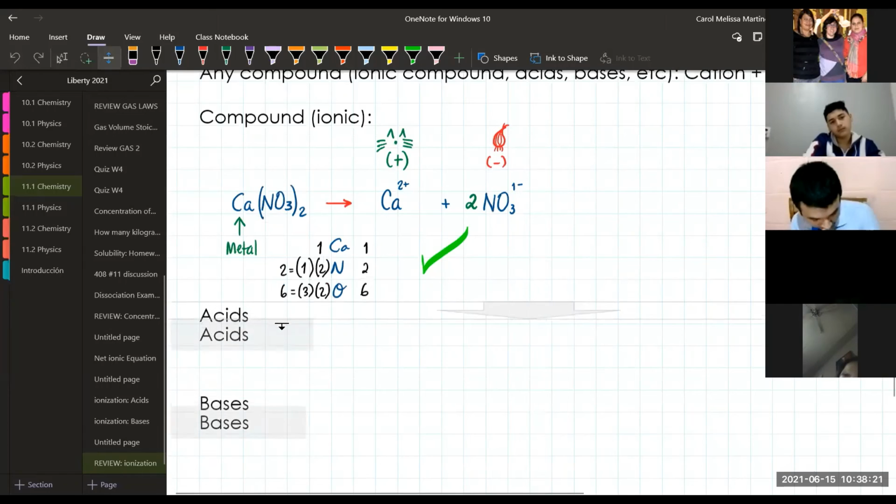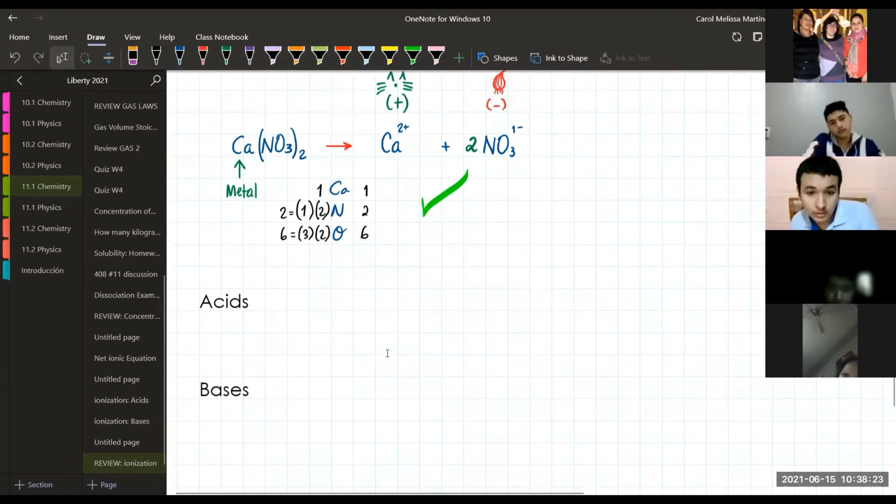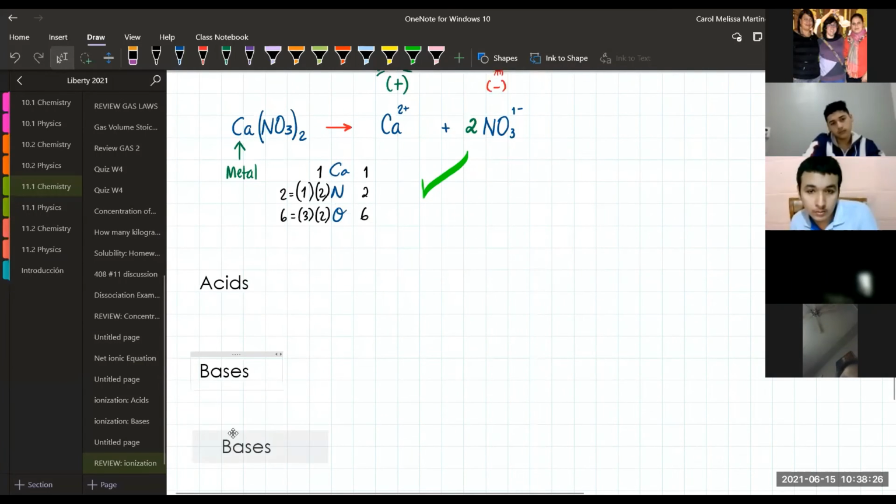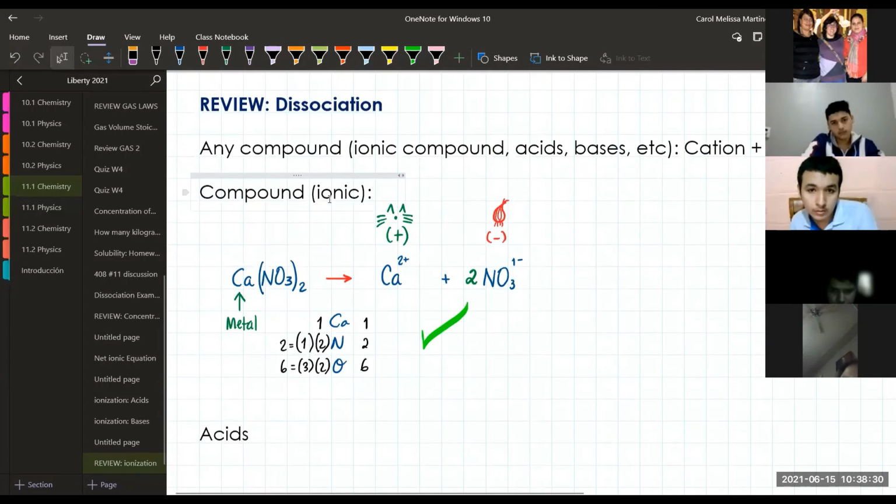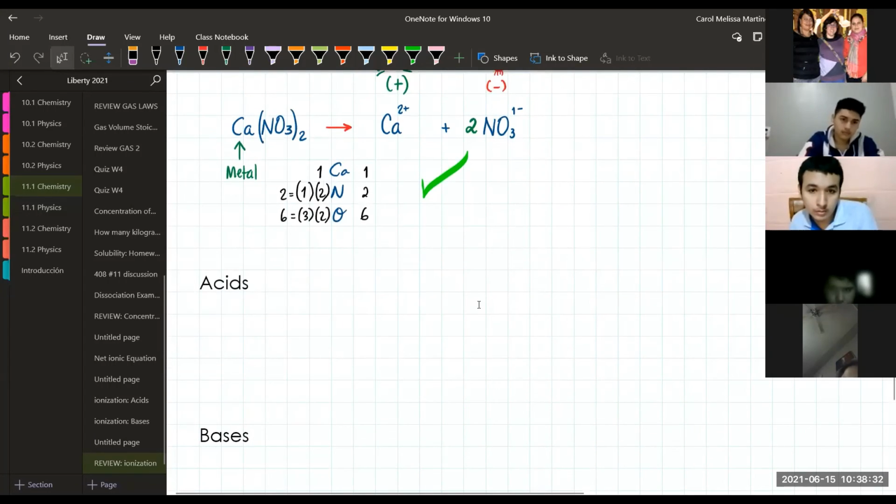But as I told you, any compound could be done with this kind of exercises. So right now I'm going to try with an acid, okay? Okay, HClO4. This acid is known as perchloric acid.